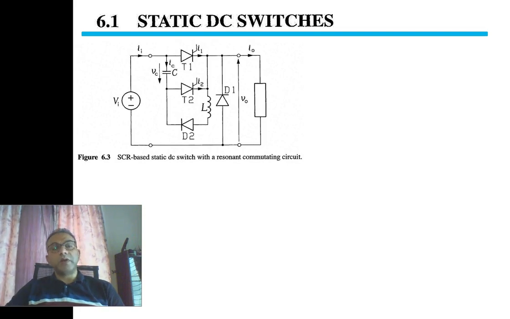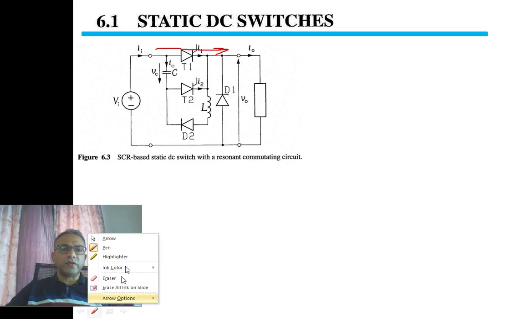Now we will apply this technique in the given circuit. When the thyristor is on, the main current flows from the power supply through T1 and into the load. And how do we turn off the SCR?